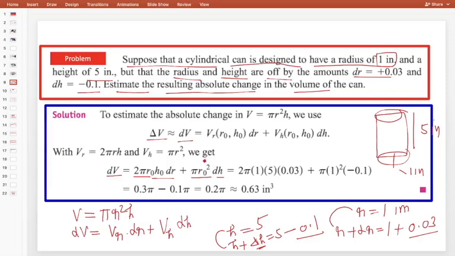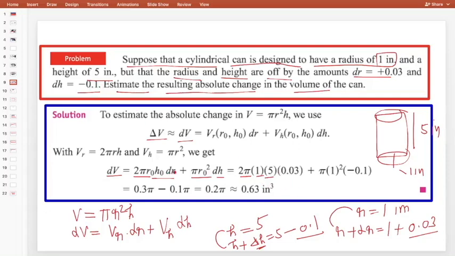Now you put all these values. 2 pi r is given, r naught is given as 1, so you put 1, plus h naught, meaning the initial height, is given as 5, into dh, the total change, minus 0.1.